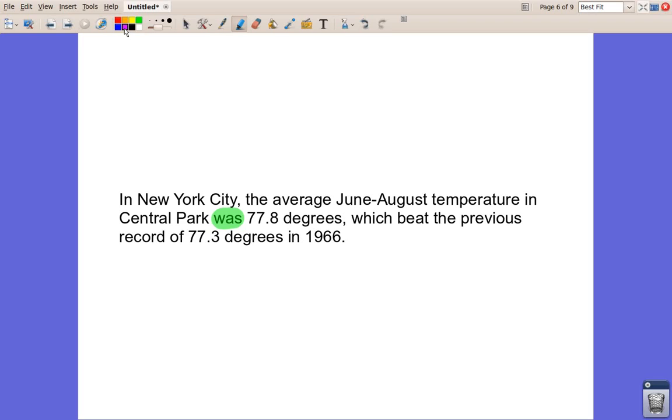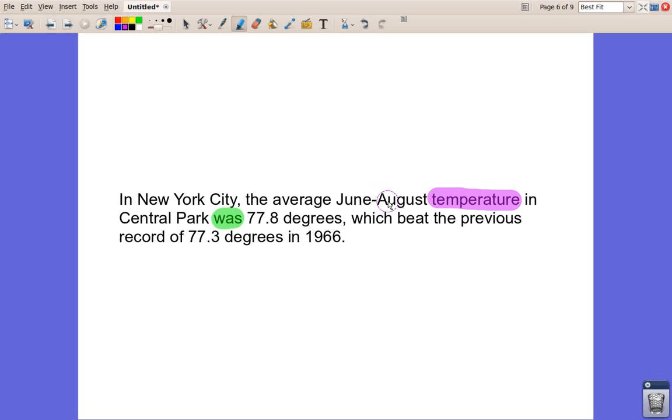Now, see if you can identify the main or simple subject. And it's not park, even though park is right next to the verb. So if you said park, try again. If you said temperature, you are correct. So in this sentence, our simple subject is temperature, and our simple predicate is was. So we know that temperature was.